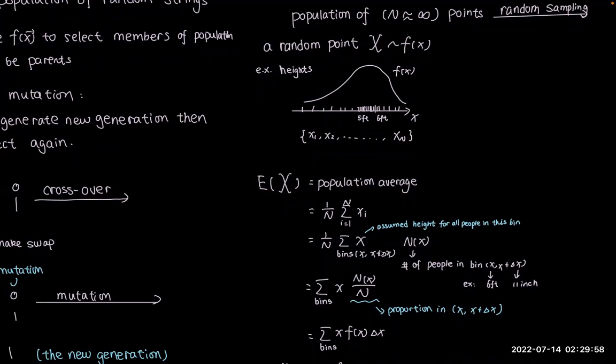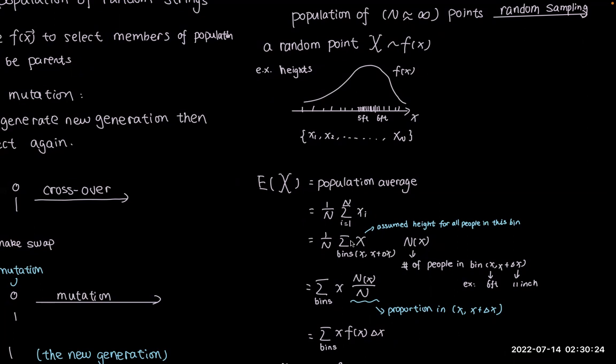So we assume the height of all people in this bin equals x. So there's some imprecision, but as delta x goes to 0, it doesn't matter. And this n of x is the number of points in this bin, or number of people in this bin. Okay, and then we have this many people in this bin, and each of them has a value x. So therefore, their summation in this bin will be x times n of x.